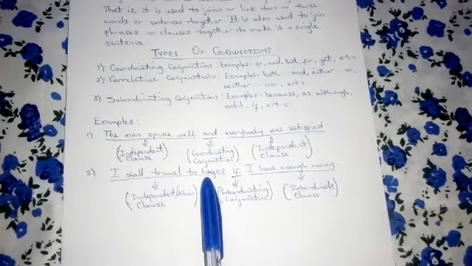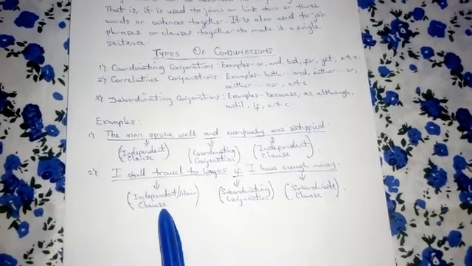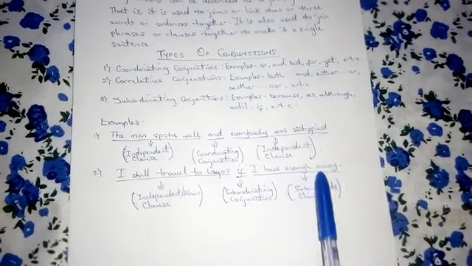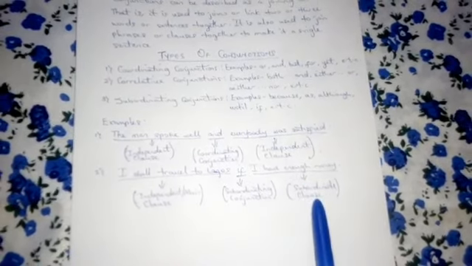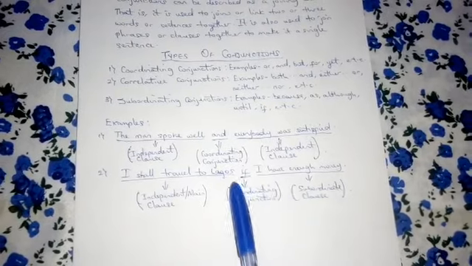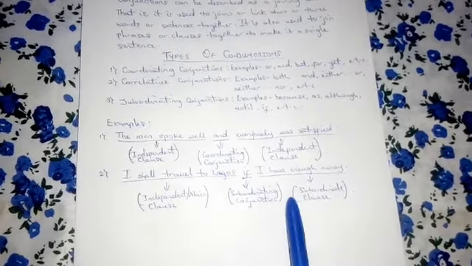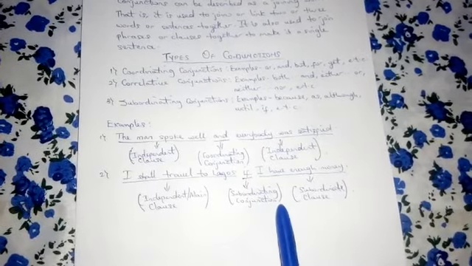I shall travel to Lagos is an independent clause or a main clause, while I have enough money is the subordinate clause. The word if has made the sentence a subordinating conjunction.